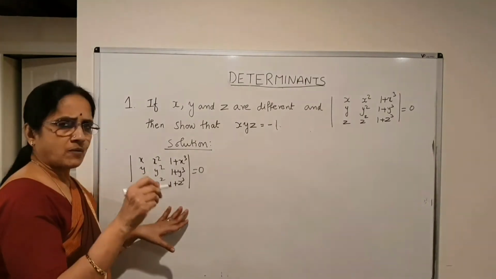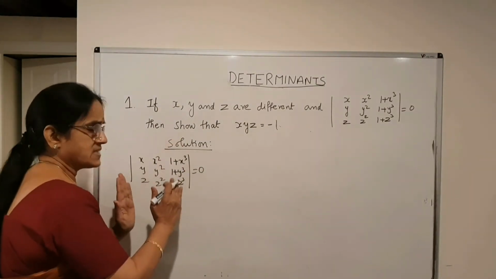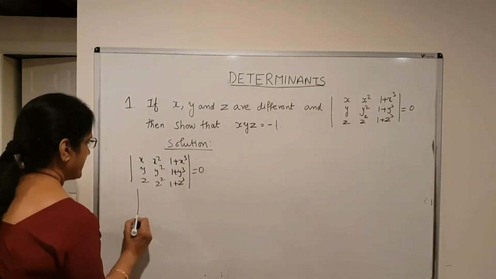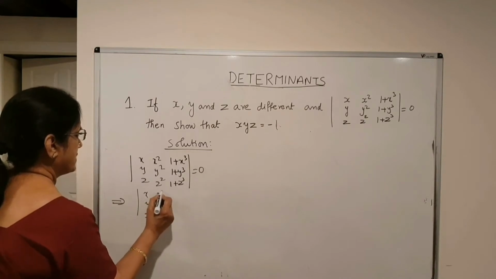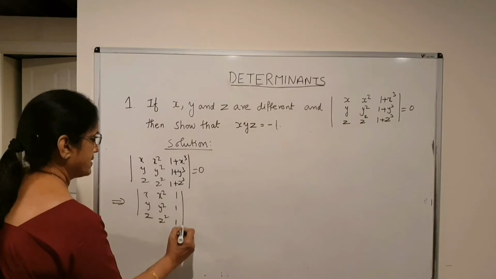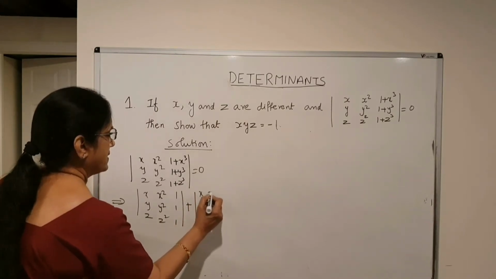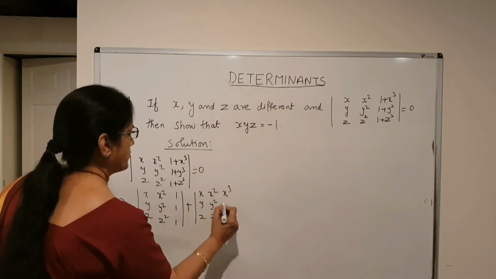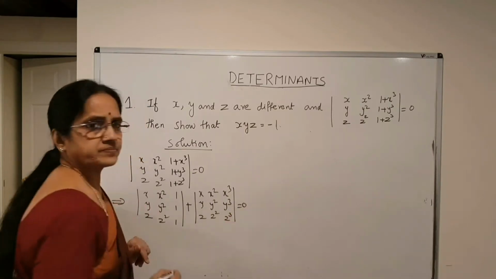As per one of the properties of determinants, this determinant can be written as the sum of two determinants. Like this: |x, x square, 1; y, y square, 1; z, z square, 1| plus |x, x square, x cube; y, y square, y cube; z, z square, z cube| equals 0.